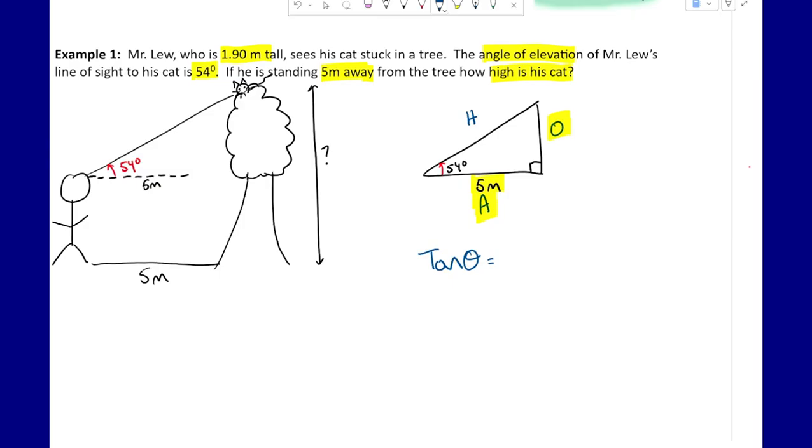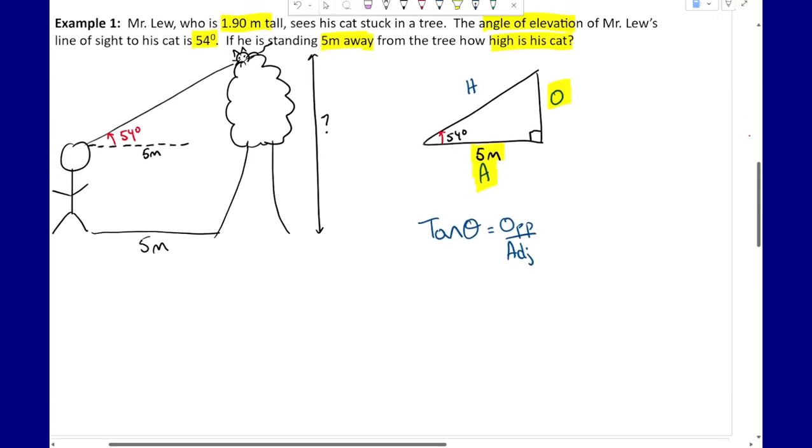I'm going to write out the ratio. Tan theta equals opposite over adjacent. And I'm going to plug in my information. So I know tan of the angle, tan of 54, is equal to the opposite. We don't know that, so we'll put x in there as a placeholder. And then the adjacent is 5. So this is a scenario where the missing piece is on the bottom.